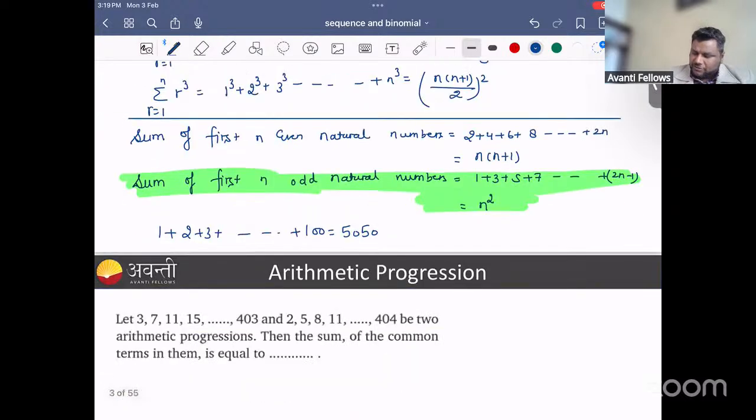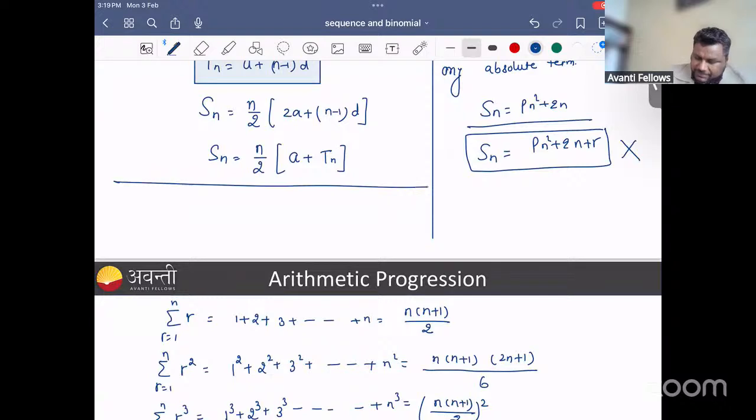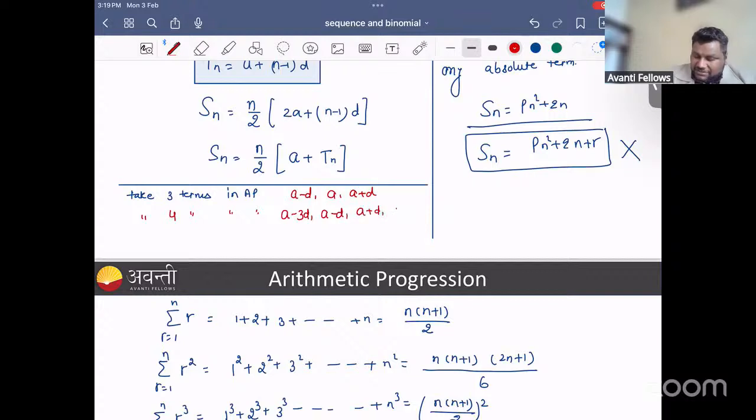Now, let's do one or two questions over it. Okay, one or two more things. Sometimes you have to take three terms in AP, then take them like A minus D, A, A plus D. If you have to take four terms in AP, that should be A minus 3D, A minus D, A plus D, and A plus 3D.